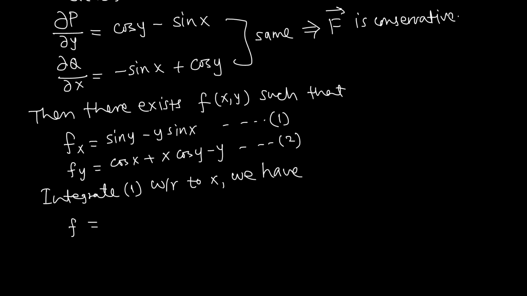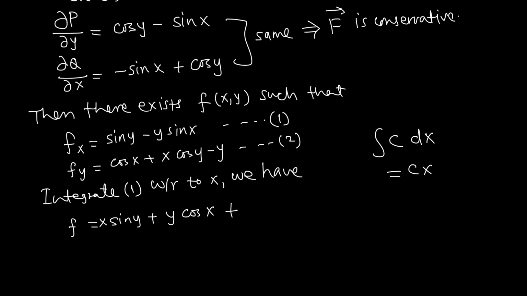Sine y is like a constant, and a constant integrated with respect to x gives constant times x, so sine y times x, minus the antiderivative with respect to x of y sine x. y is constant, and the antiderivative of sine is negative cosine, so minus negative gives plus y cosine x, and some constant of integration.